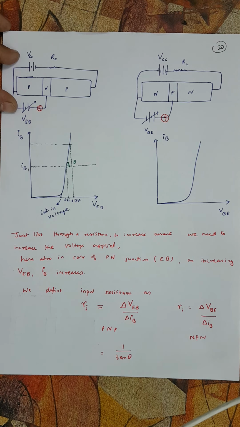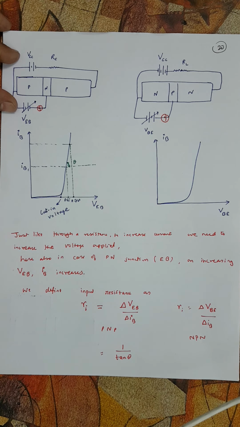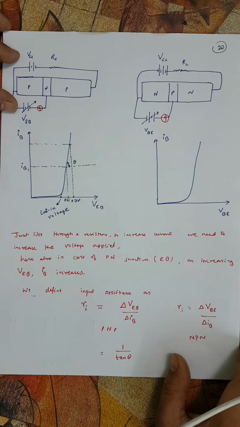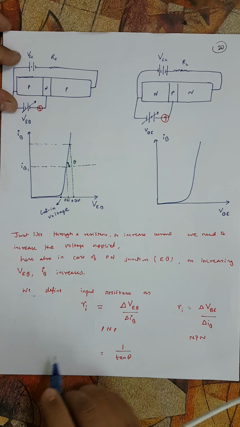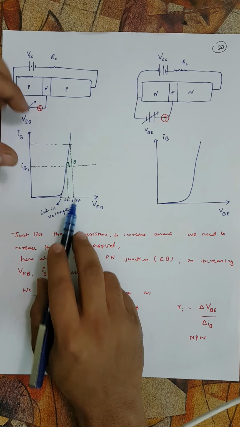So even for a slight change in the input voltage VBE, there is a good amount of increase in IB. So for different values of IB, the VBE remains almost in the same range of 0.6 to 0.7 volt. Nevertheless, we need to increase VBE slightly on changing IB.